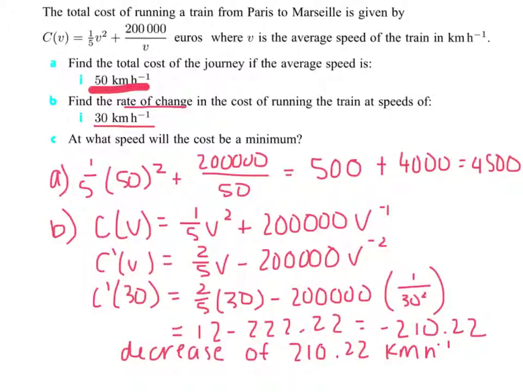And then for part C, I guess I'll have to move this on to another slide, but at what speed will the cost be a minimum? So let's move on to the news. When a cost is minimum, that means that the first derivative is equal to 0. So if we remember, our first derivative was 2 over 5v minus 200,000 v to the negative 2.